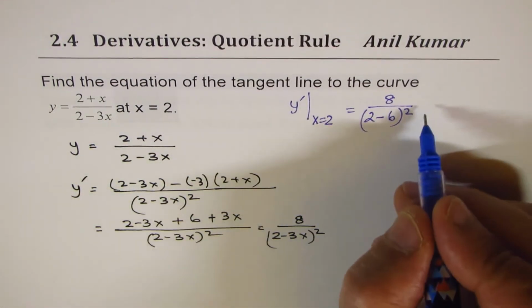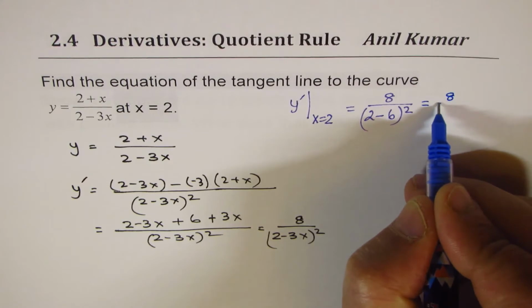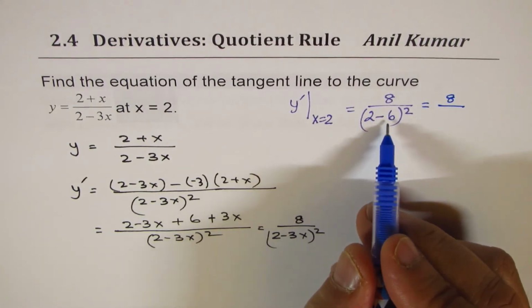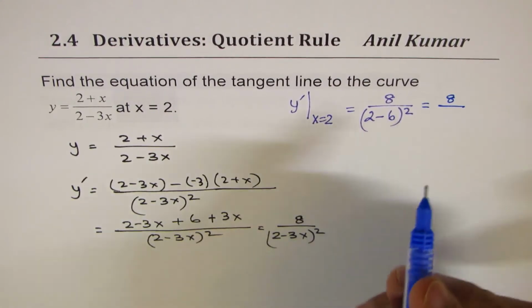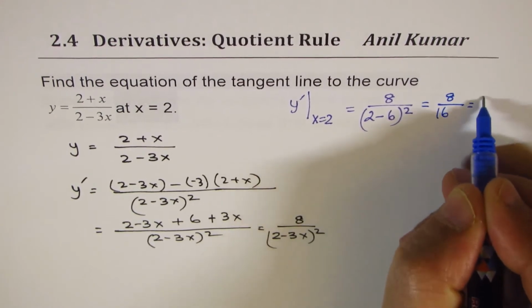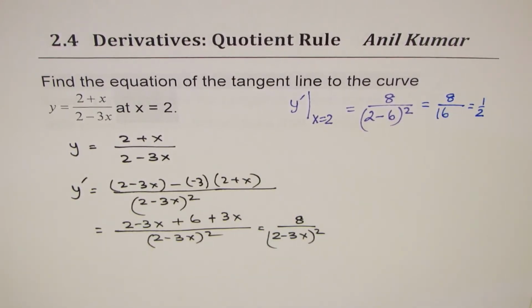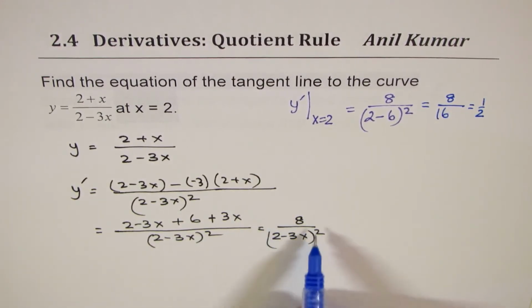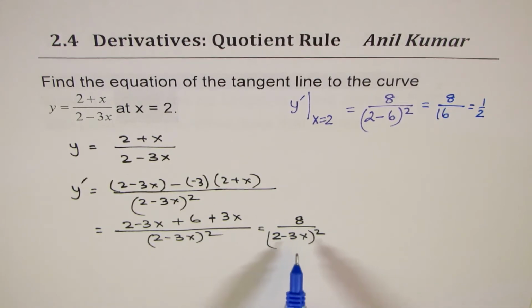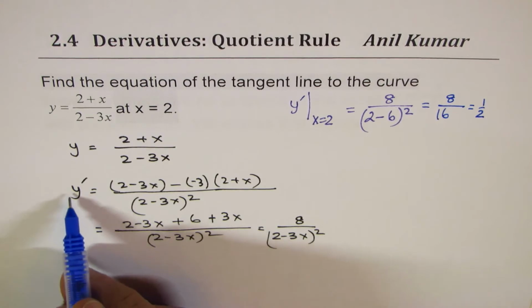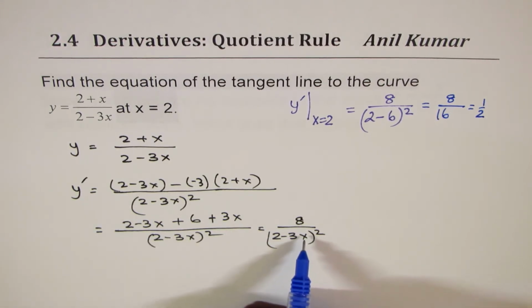We'll do that also, right? Which is 8 over 2 minus 6 is 4. 4 squared is 16. So that is just half. You'll also notice that this derivative is always positive. Do you see that? So in one question we had something like this. So we find that the derivative is always positive. That means function is always increasing.